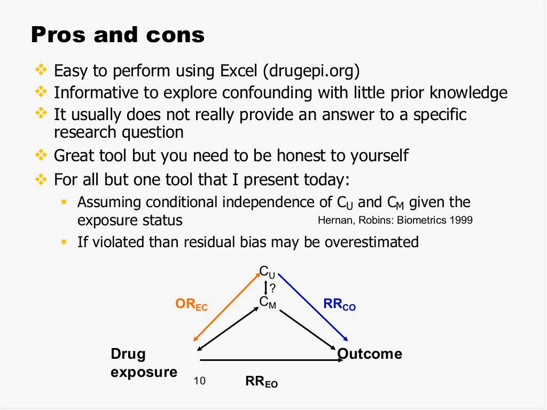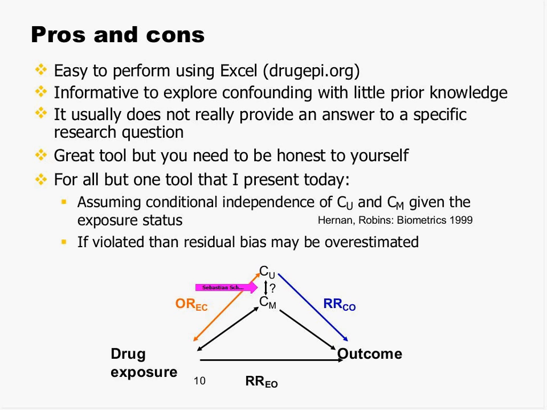And also, this very simple algebraic derivation assumes that the measured confounder is independent from the unmeasured confounder, right? That means that we assume that this association is zero. There's no association there.